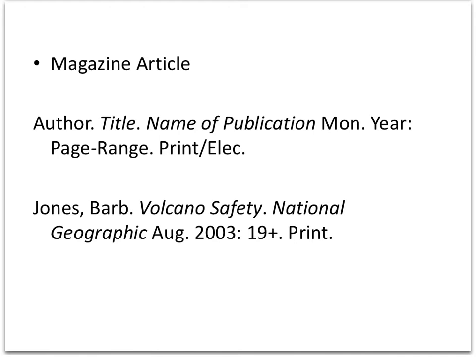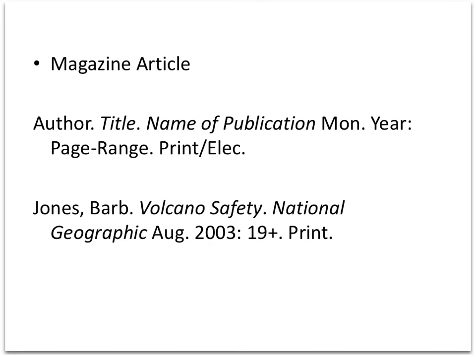Other common sources that we'll come across are magazine articles. So if we notice, the magazine article format is pretty similar to that of the academic or scholarly journal. In this case, we have our author and title, which remains the same as always. Then we have the name of the publication, which again remains the same.